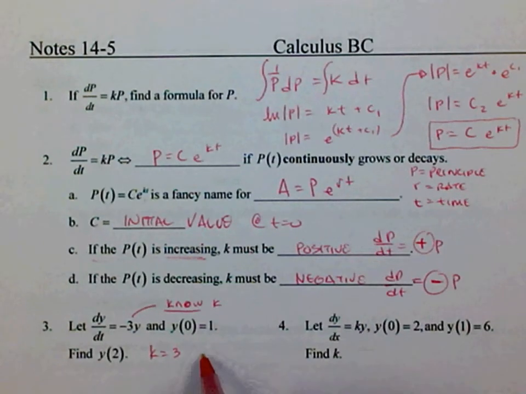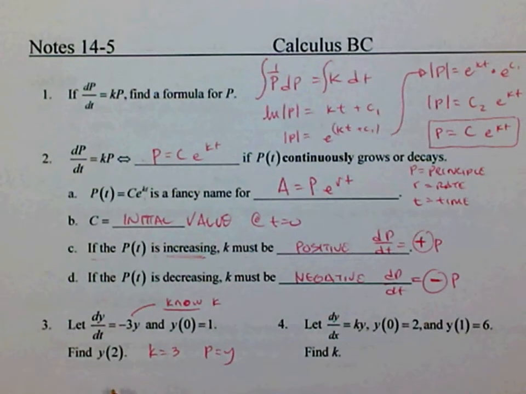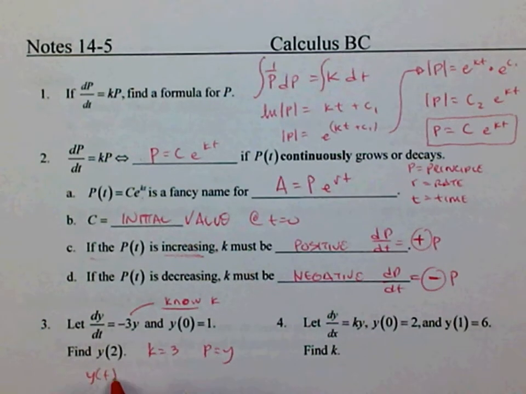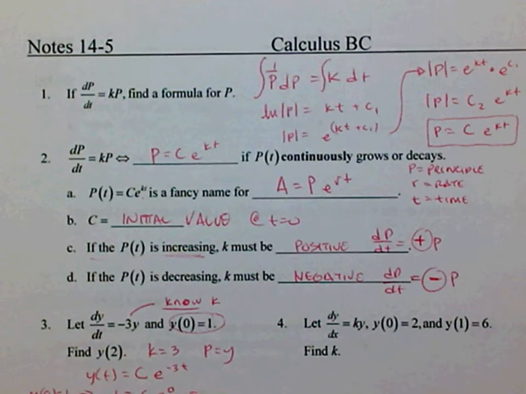In this equation, we'll just solve. If you want to think of this P as y, y of t equals c times e to the negative 3t. Given our initial condition, y of 0 equals 1, we know that 1 is going to equal c times e to the 0, which means c must equal 1.